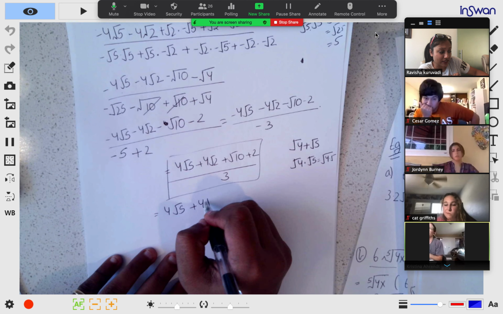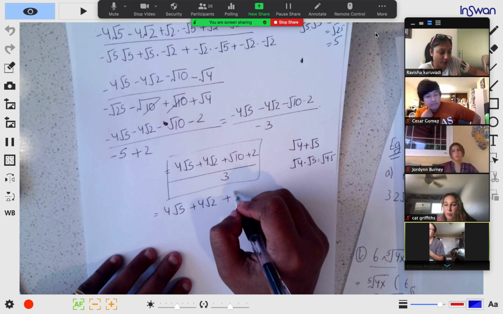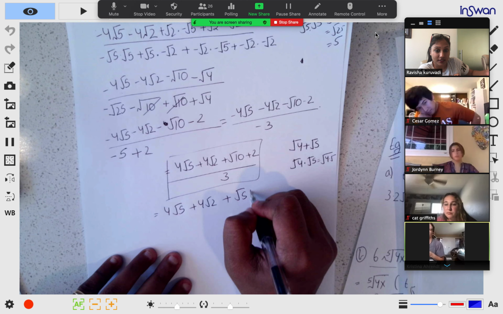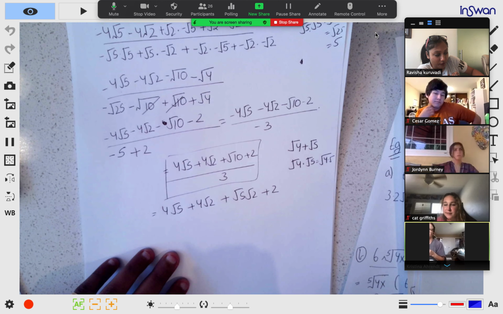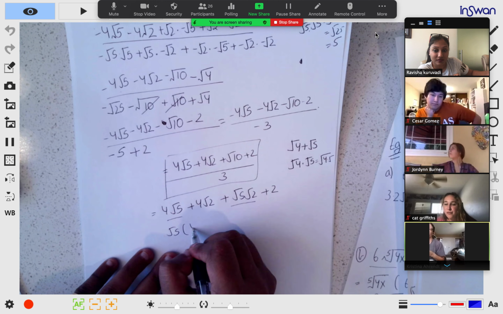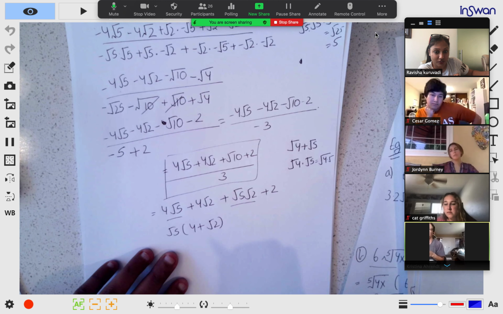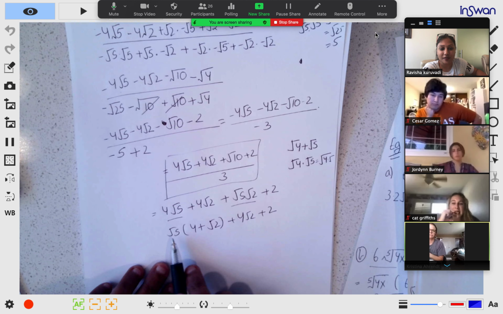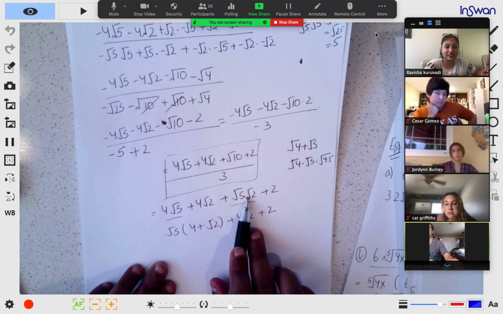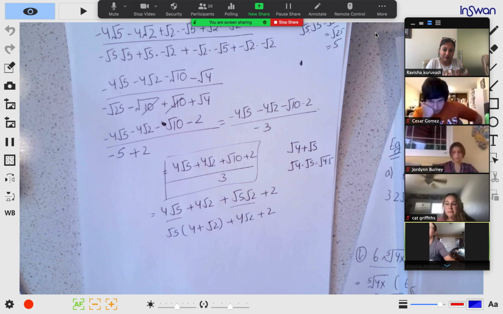It is basically square root of 5, square root of 2, and then 2, right? You're saying, I want to combine these two, take out square root of 5 and I'm left with 4 plus square root of 2, and then left with 4 square root of 2 plus 2. But then again you have to multiply and open the bracket, so you will reach the same point. Okay, thank you.